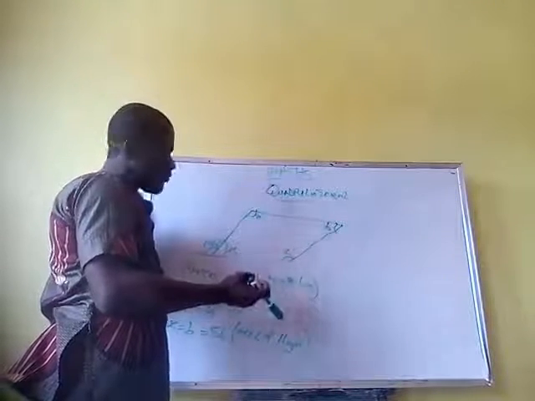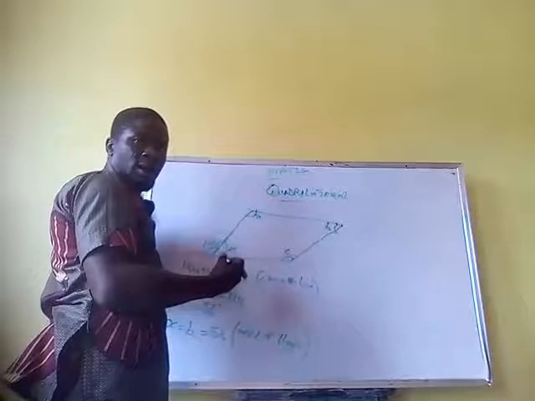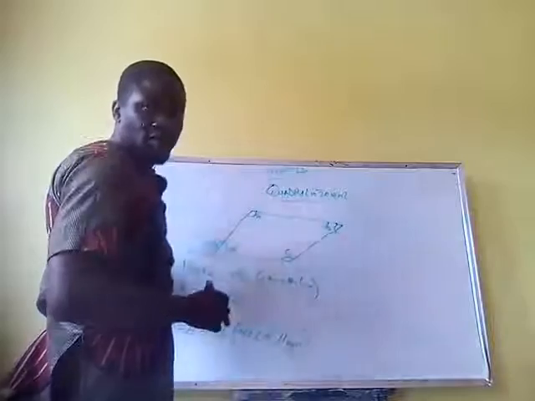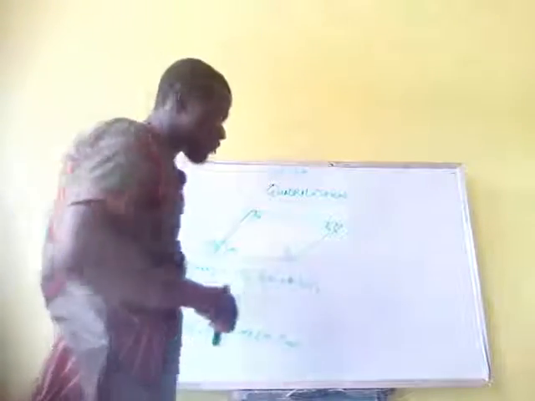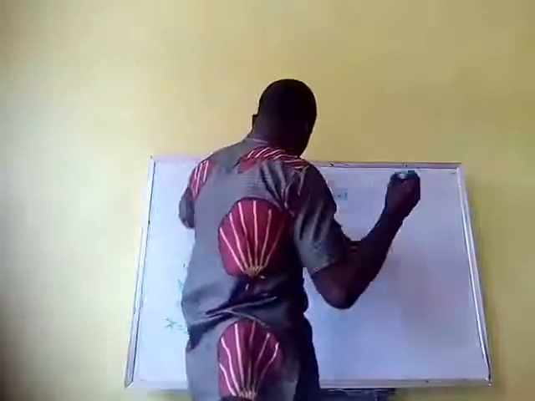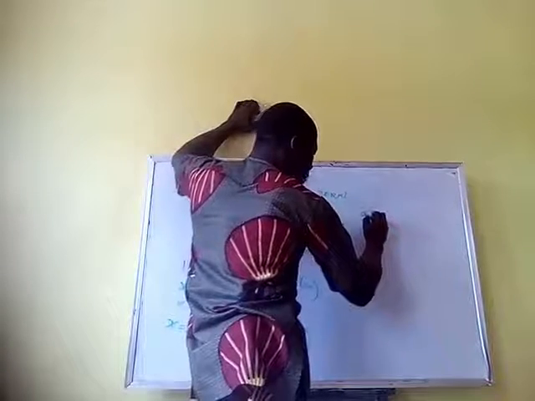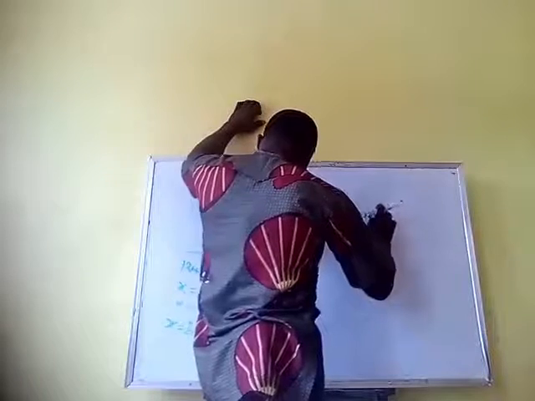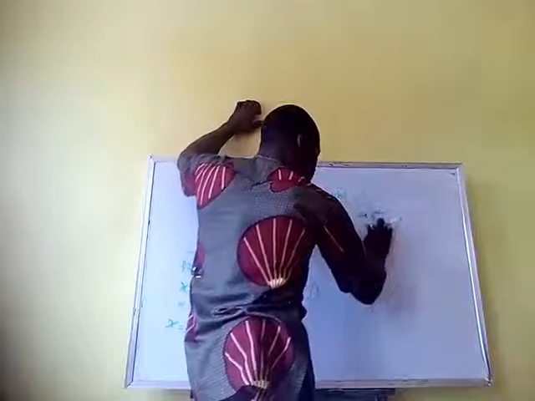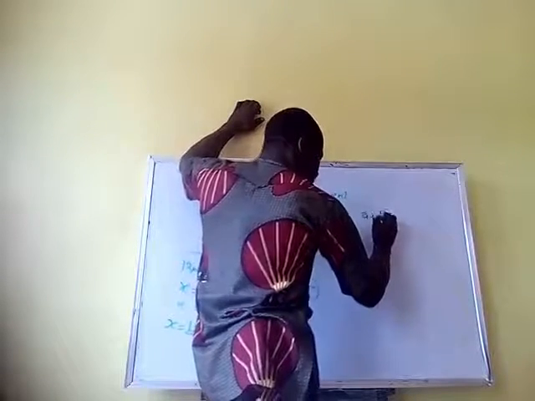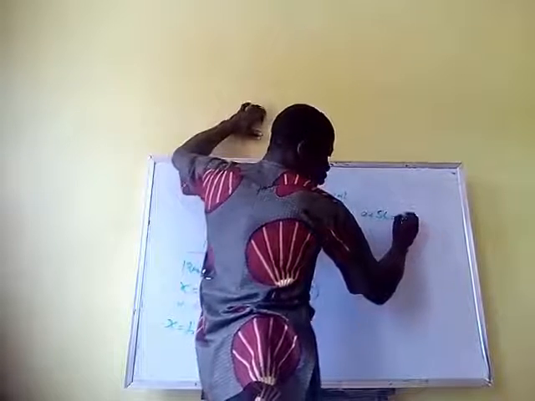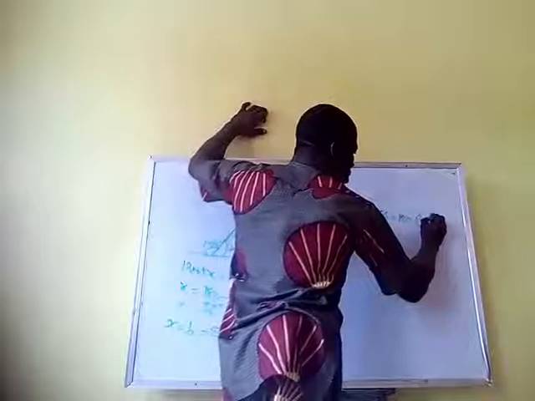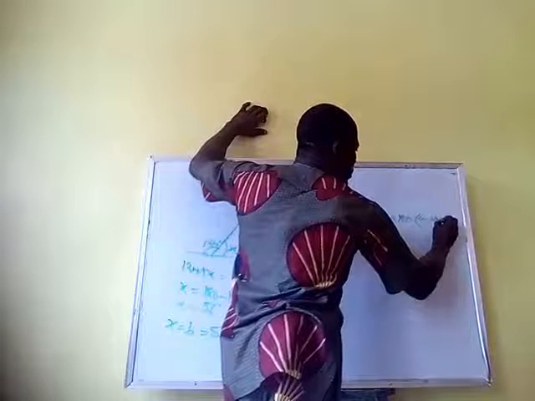But for clarity's sake, this plus this equals 180, co-interior angles. So we have A plus 56 equal to 180. Remember, co-interior angles.